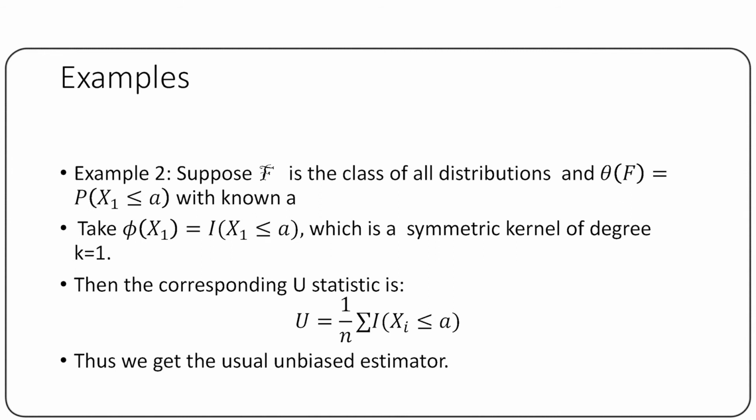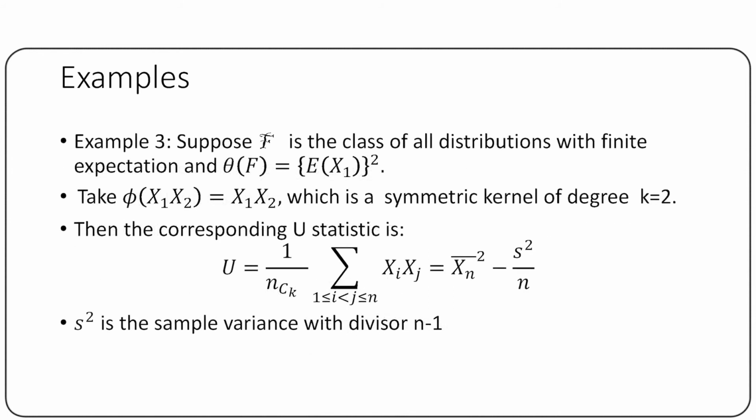Now, consider the estimation of the mean square, that is, the square of the expected value. Since observations are IID, we can express the square of the mean as the expected value of x1 times x2. Thus, we take the kernel as phi x1 x2 equal to the product x1 x2.